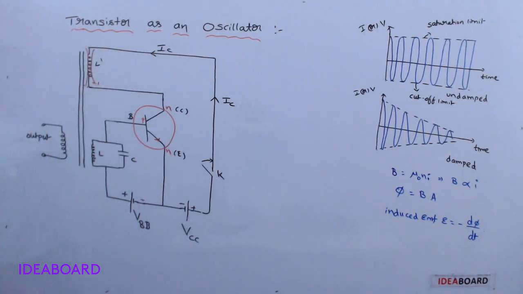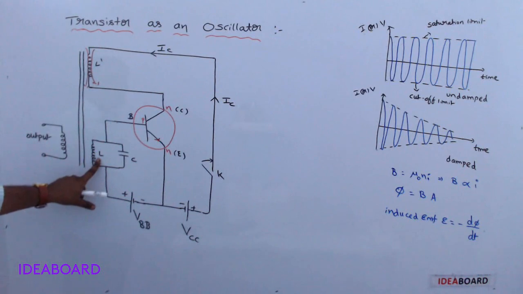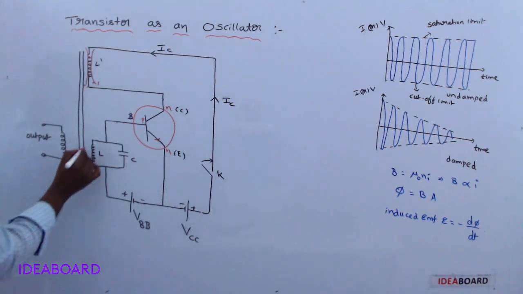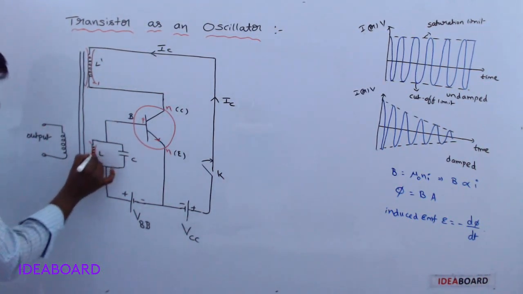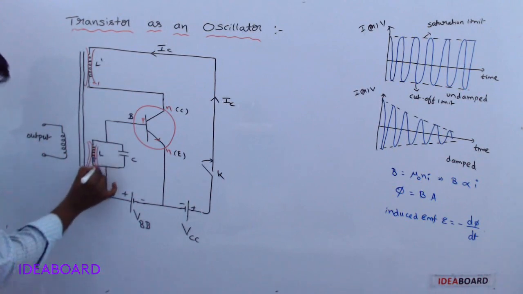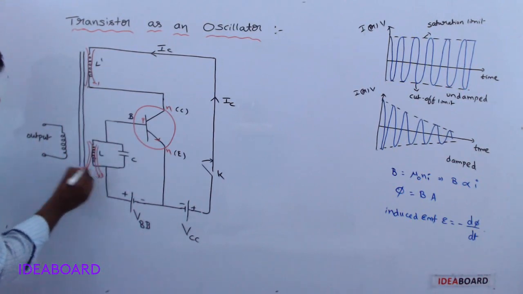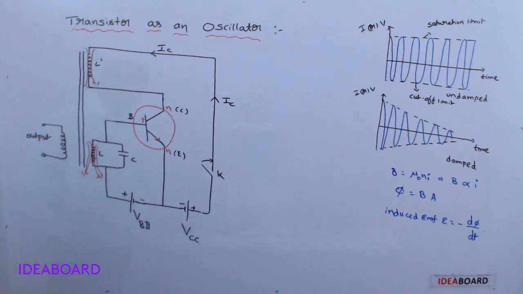Now this magnetic field, due to mutual inductance, creates a change in magnetic flux in the inductor L. Try to understand here.